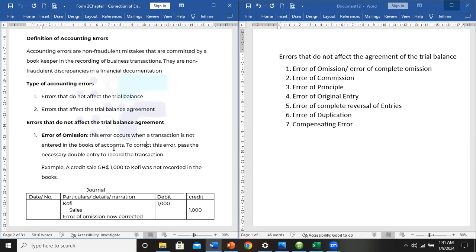You'd check for these words: was not recorded in the books, or was overlooked. So let me look at some of the terms that you can come across: overlooked, or omitted from the books, or was not recorded in the books.